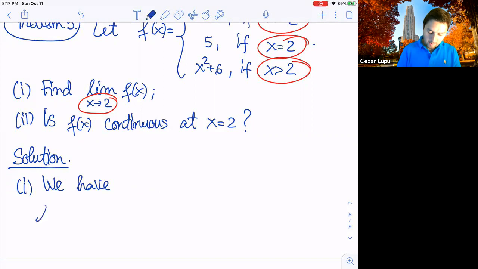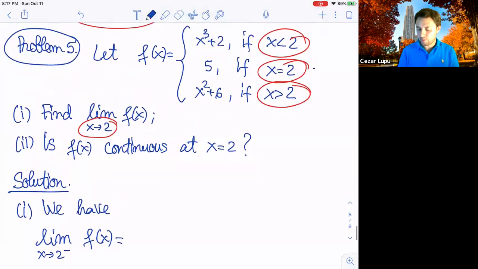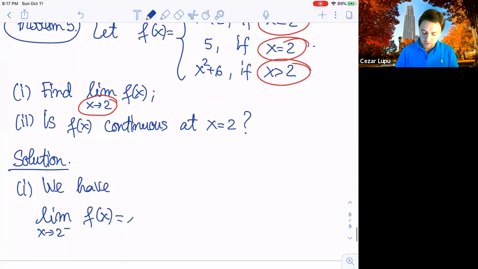We have the limit as x approaches 2 from the left of f of x. Again, these are the values for which x is less than 2. It's the first piece, so this would be the limit as x approaches 2 from the left of x cubed plus 2, which, if you plug it in, is 2 cubed, which is 8, plus 2, which is 10.